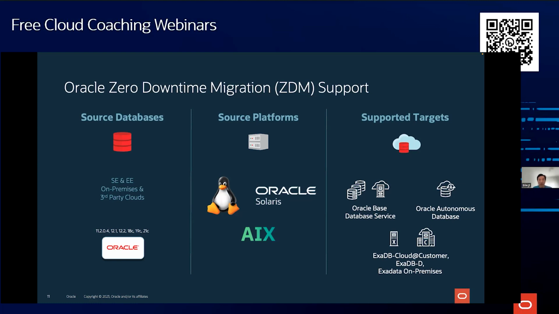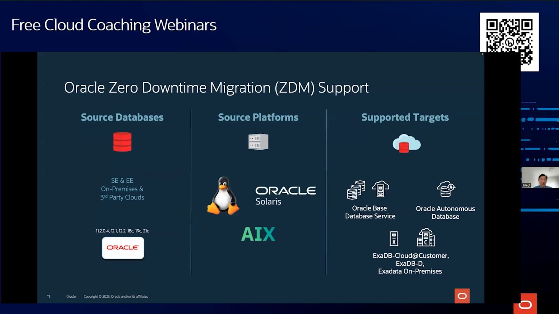It can be running in your on-premises database or in other clouds. We also support Linux platforms as a source, and if necessary, conversions like big endian to little endian, etc. You can also do it using logical migration.